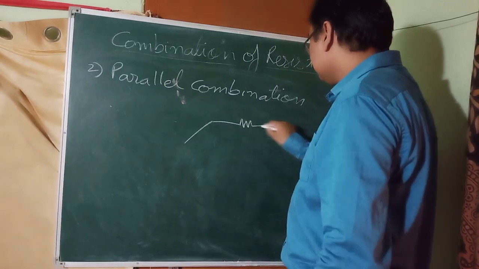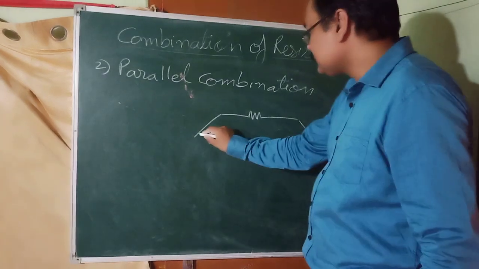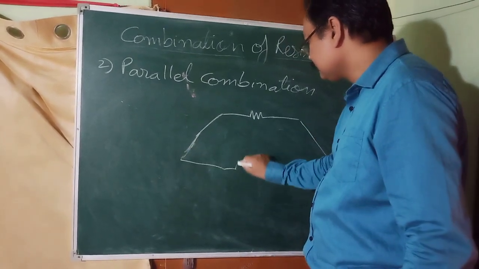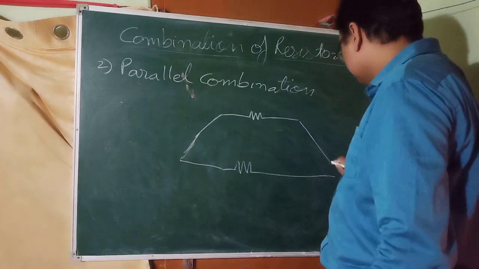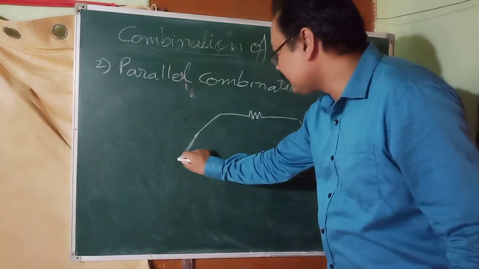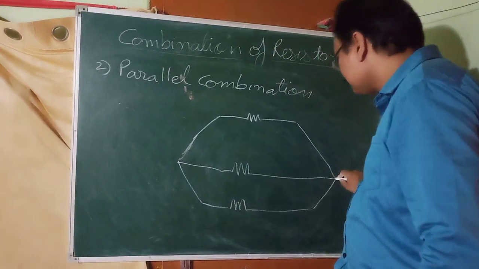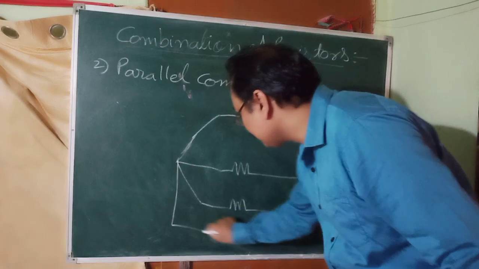This is one resistor. This is another resistor. You can see. And this is third resistor. You can see. And these all are connected with a battery like this.